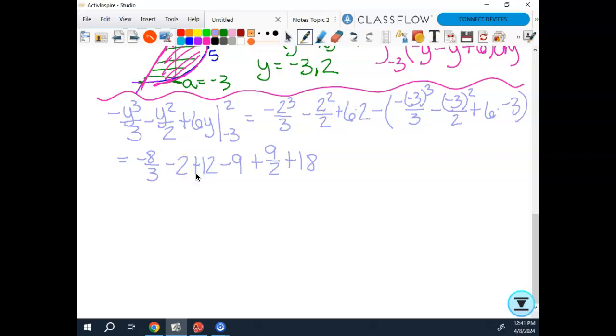I wanted to see if you were paying attention. Good job. No, I just messed it up here. When you square this, it becomes positive, then it becomes negative, but then you got to subtract the negative. That's why that's positive. I just wrote the wrong sign down.